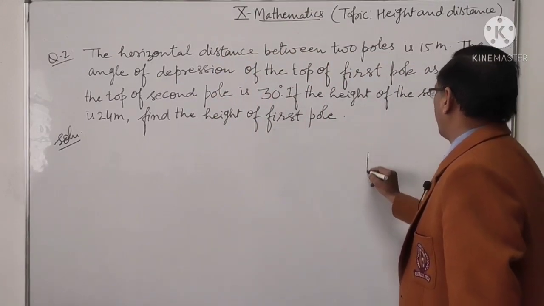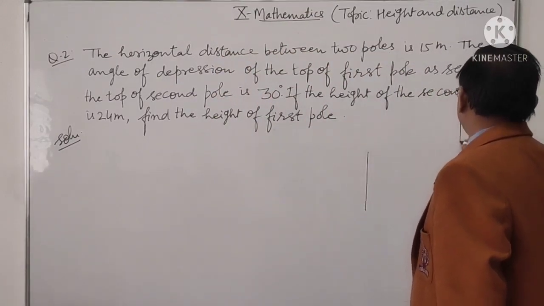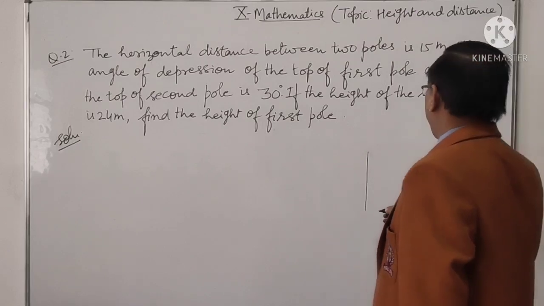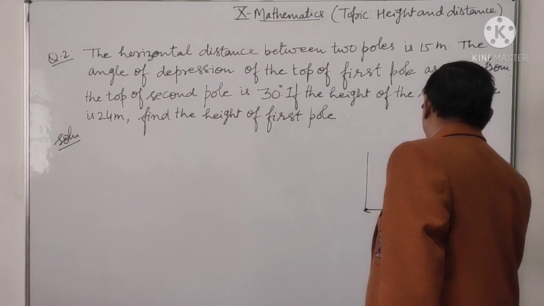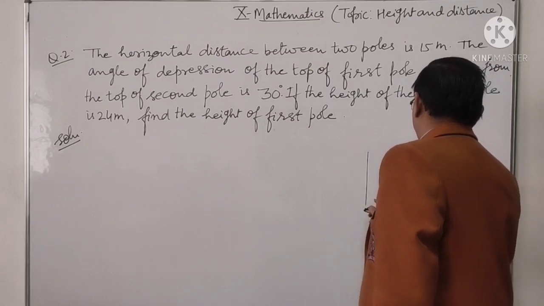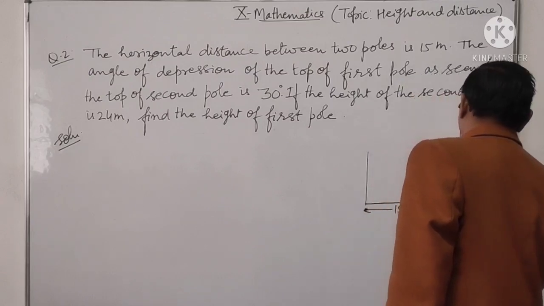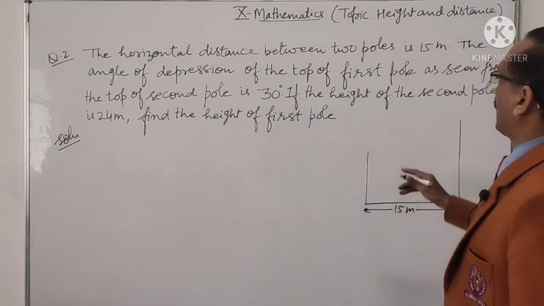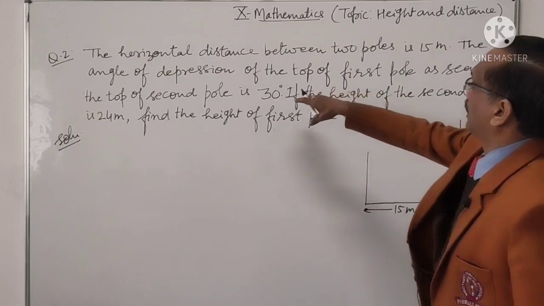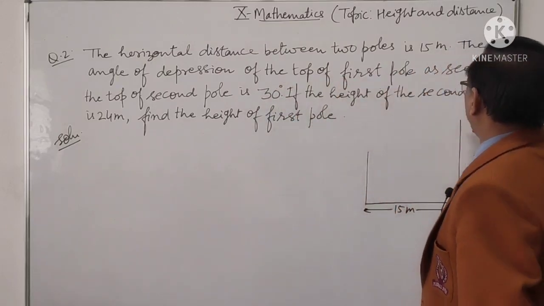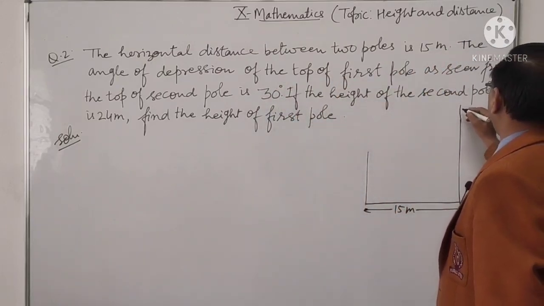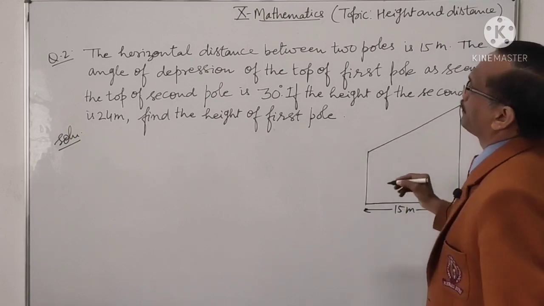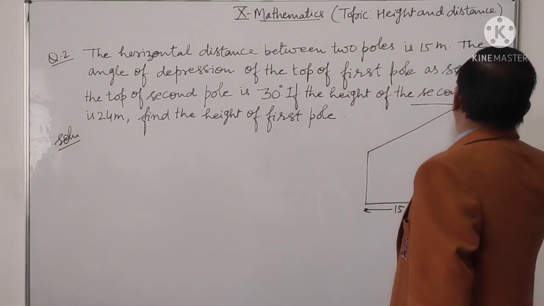So there are two poles A and B. Distance between them is 15 meters. The angle of depression of the top of the first pole is 30 degrees.